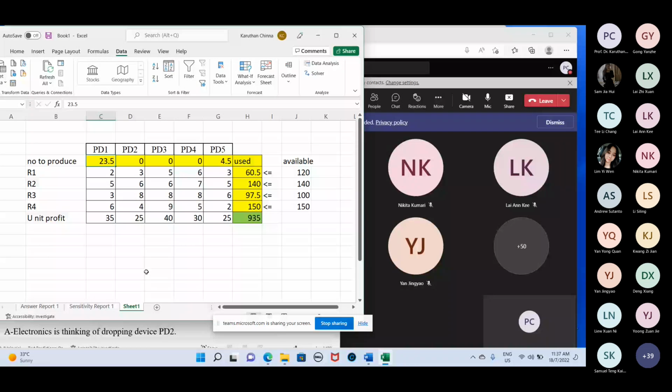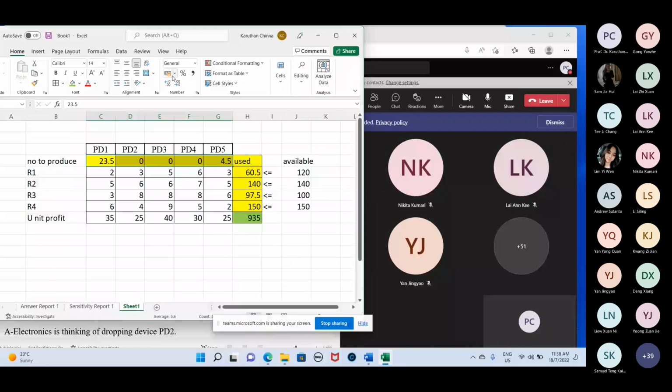You can't round up to 24. By right must round down. For this class, doesn't matter. Make it no decimal. So don't show there's a decimal there. It's still there, but don't show it.